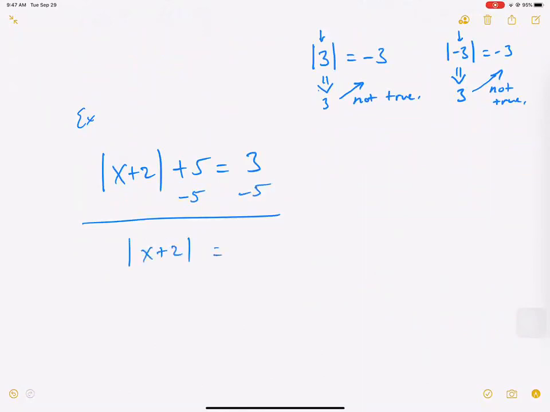I'm going to rewrite it. Now, is this possible? Can the absolute value ever become negative? Answer is no. So that's a no solution. So the trick is, we might start off as positive on both sides, but once I simplify it, we realize this is not true anymore. So there's no solution.